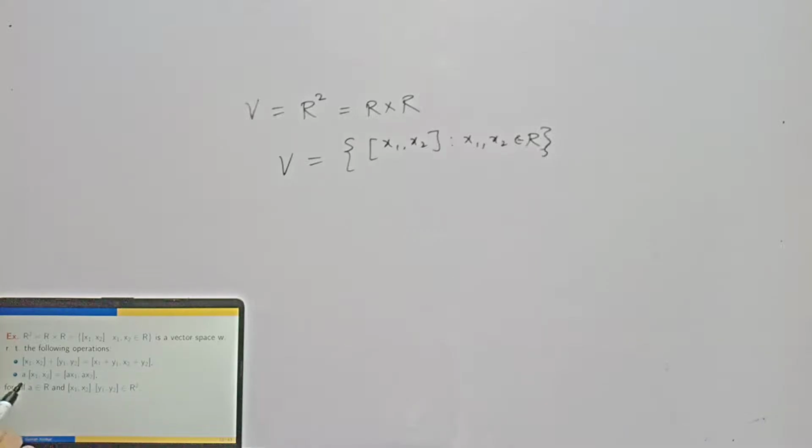How to perform scalar multiplication? a is any real number, (x1, x2) is a vector in R2. Then the scalar multiplication is to be performed using this: simply multiply the real number a with each entry in the vector. Coordinate-wise multiplication.